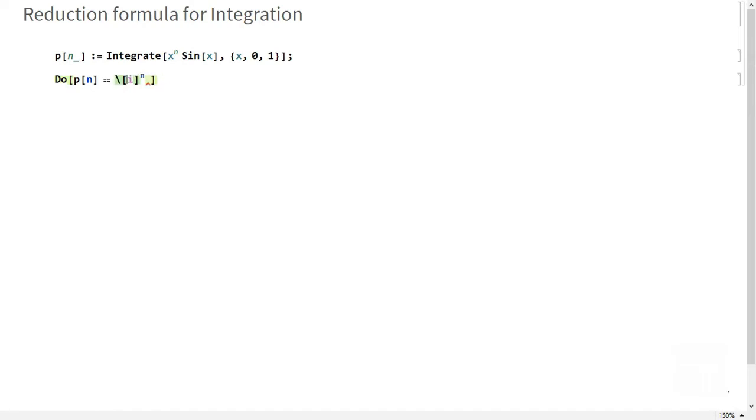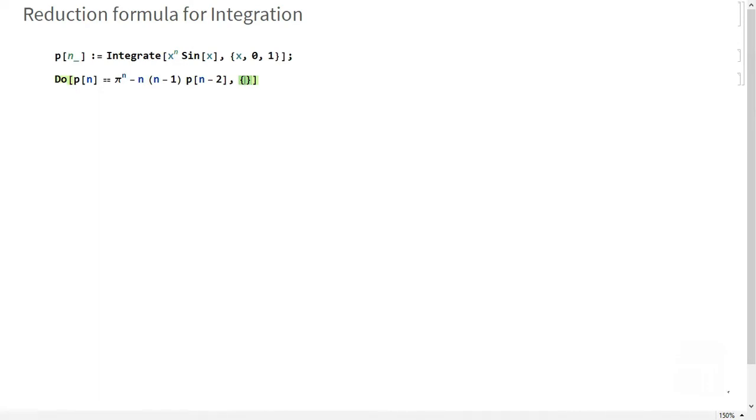So this is p of n minus n into n minus 1, and now I want to write p of n minus 2. Now you can say on which index to iterate and how many times you want to iterate it.